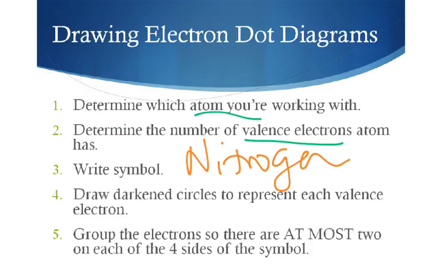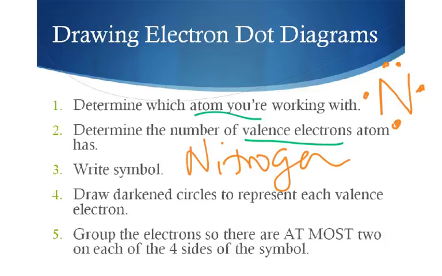So how I represent that is write the atomic symbol or the element symbol and then draw circles around that to represent each valence electron. And you'll never have more than 2 on one side. And if you can remember the videos that we watched, the rules are that you put 1 electron on each side of the atom or the elemental symbol before you buddy up.